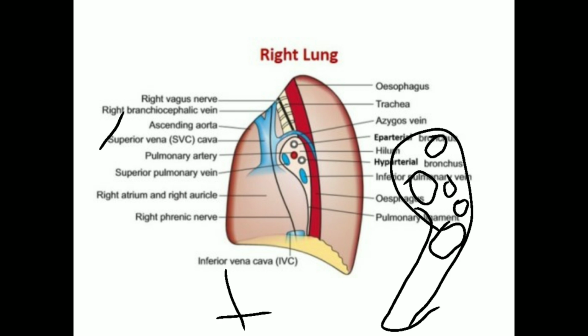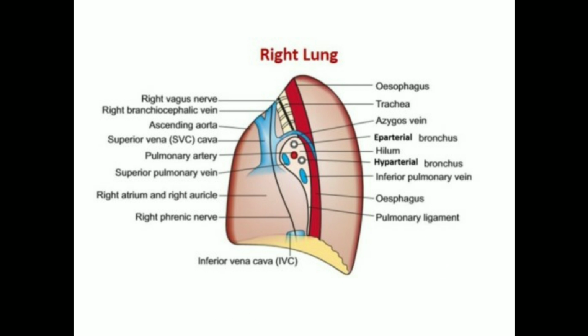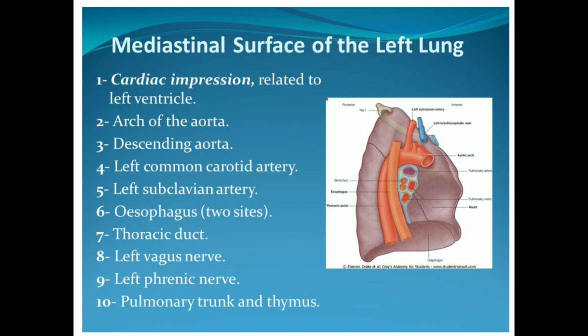So these are the structures: vena cava, superior pulmonary vein, inferior pulmonary vein, pulmonary artery, and eparterial and hyparterial bronchus. These are the features you see in the right lung, hilar structure of right lung.